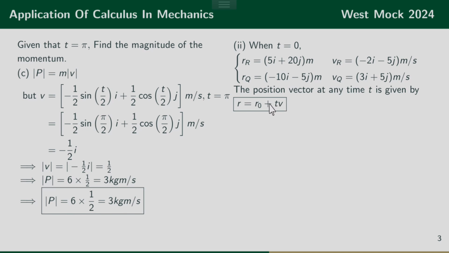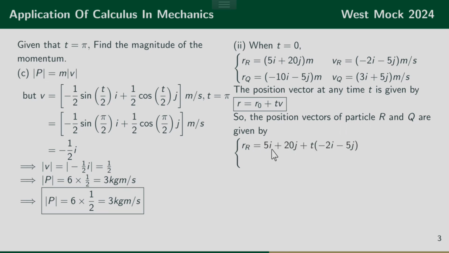So I'm going to use this principle and write out the position vector of particle R and Q. So the position vector of particle R will be 5i plus 20j, then plus t multiplied by its constant velocity. And for particle Q, I will have negative 10i minus 5j plus t multiplied by its constant velocity, which is 3i plus 5j.